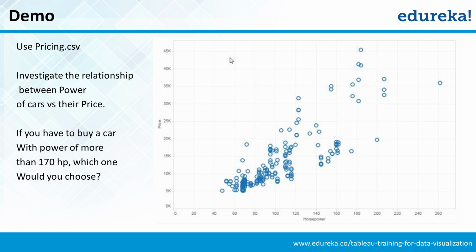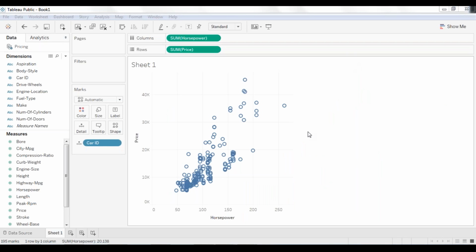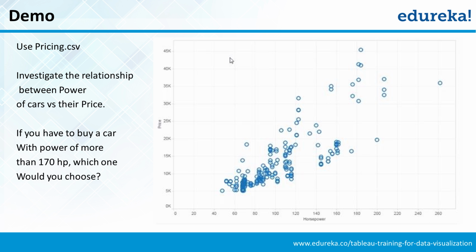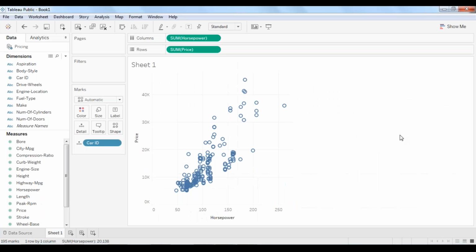So I'd say I can go for this car, car ID 99, or I can go for this car, car ID 69. Either of these cars do not have a very high price, and they have sufficient power. They have power more than 170 HP. Does that make sense? Car ID 69 and car ID 99, either of them will work.